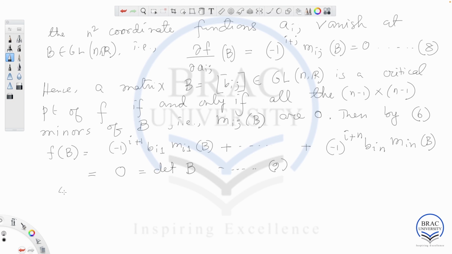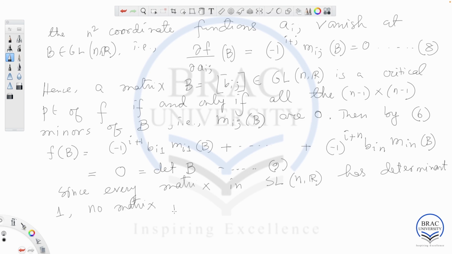Since every matrix in the subgroup SL(n, R) of GL(n, R) has determinant 1, no matrix in SL(n, R) can be a critical point of f.